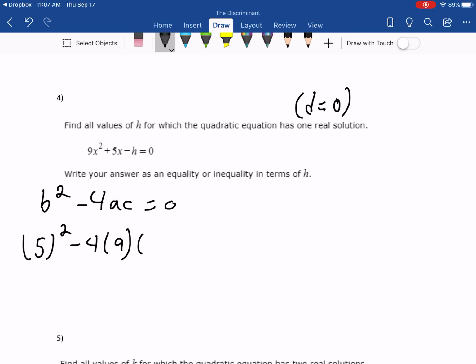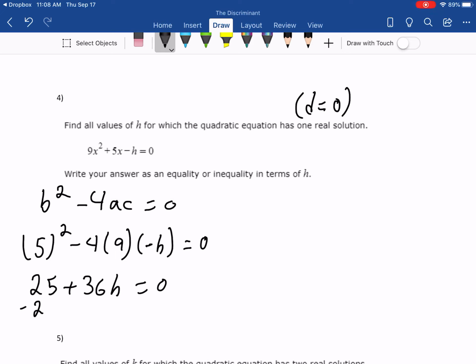And h, we're going to substitute in negative h. Okay. So 25 minus 36 times negative h plus 36h equal to 0.